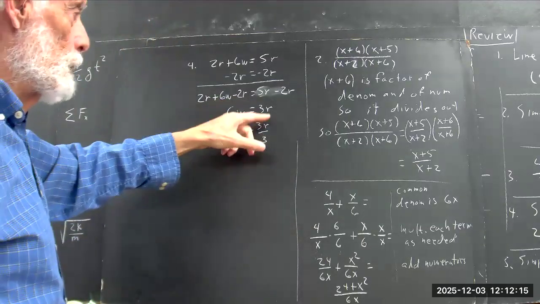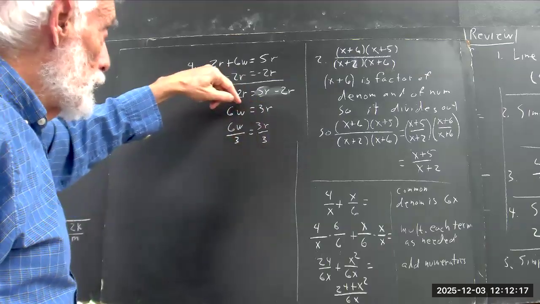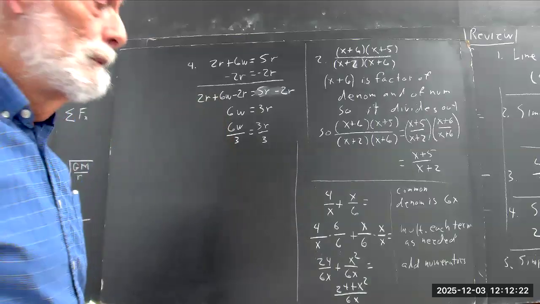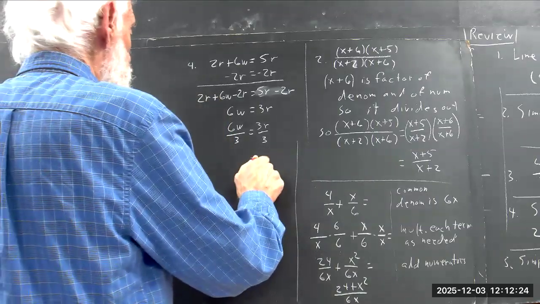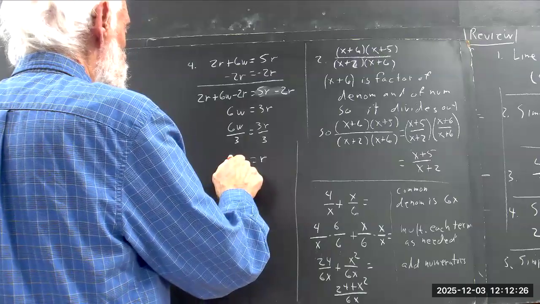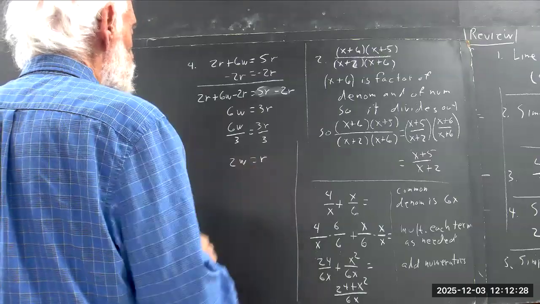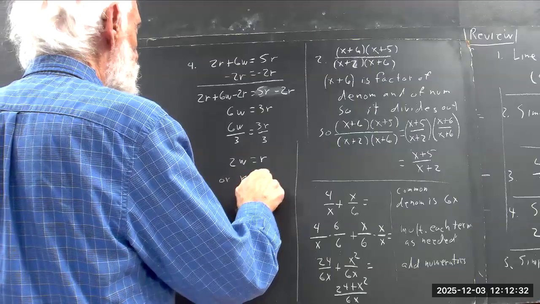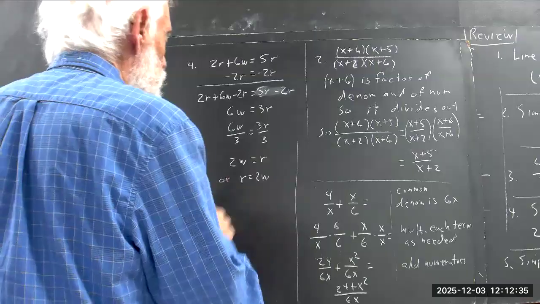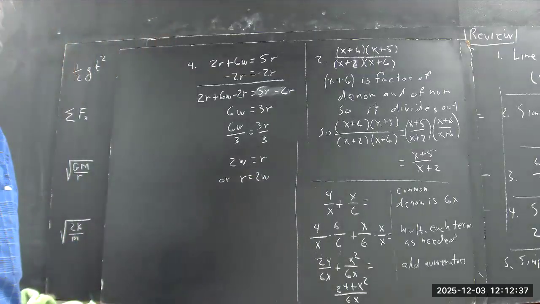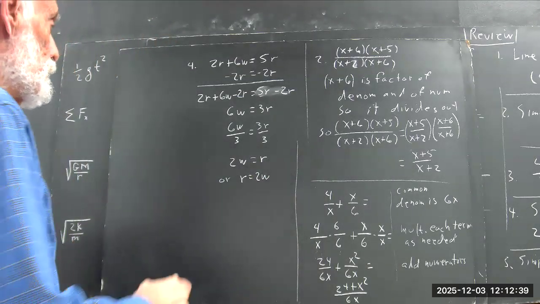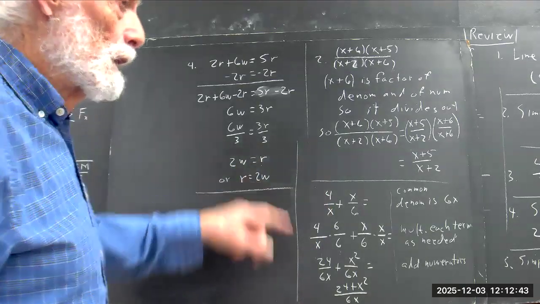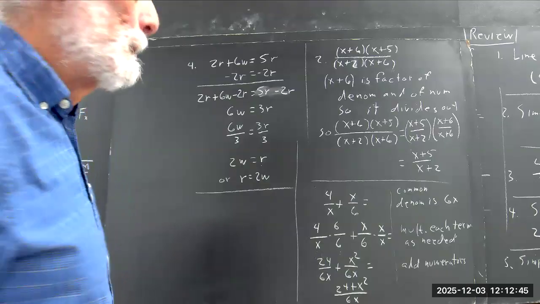If we divide 3R by 3, we get R. If we do the same thing to the other side, we divide the 6W by 3. And we get 2W equals R. And usually we like to have the thing we're solving for on the left. R equals 2W. If you get this, it's right. If you get this, it's a little more grammatical. Okay?